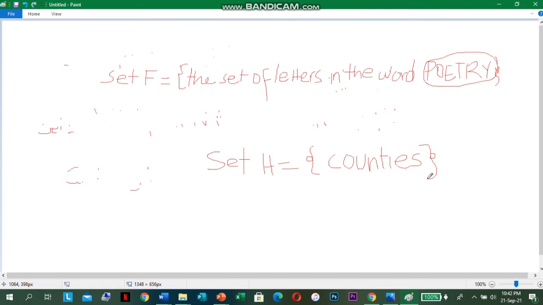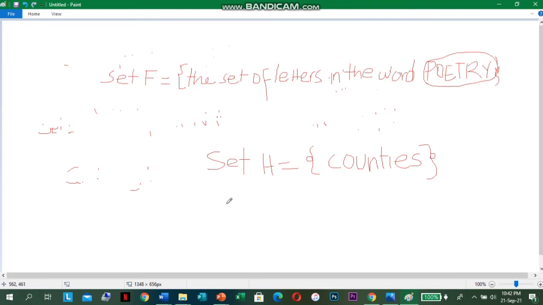Set H is equal to a set of counties in Jamaica. Who knows the counties in Jamaica? All right, I hear someone say Cornwall, Middlesex, and Surrey.